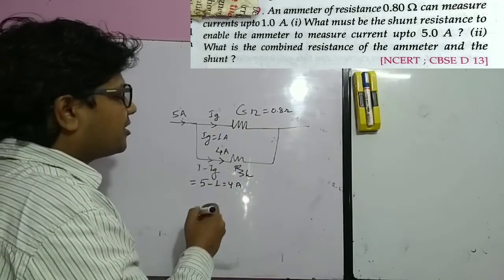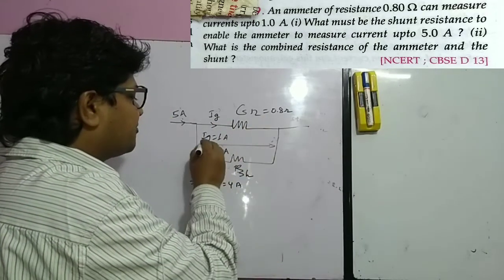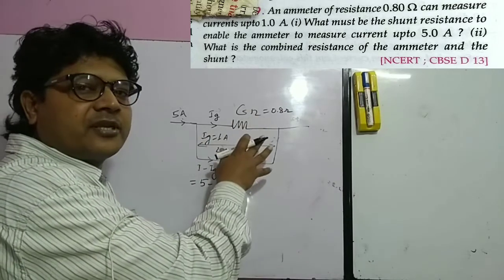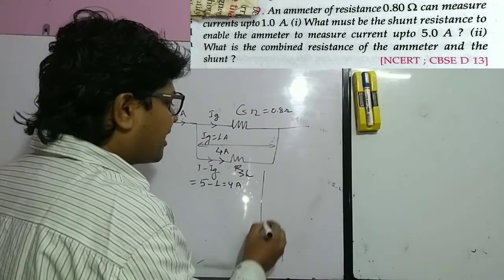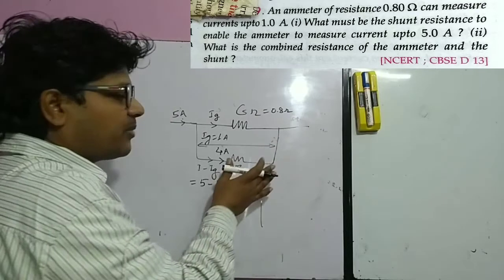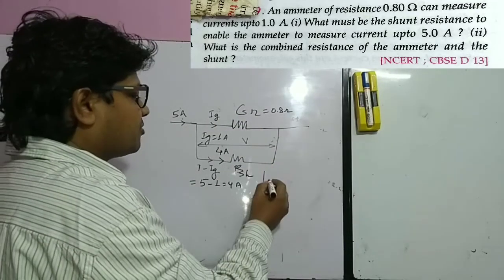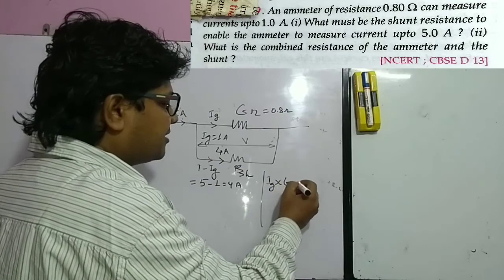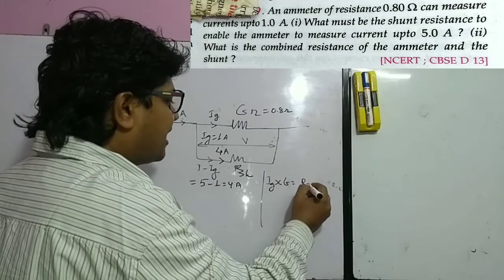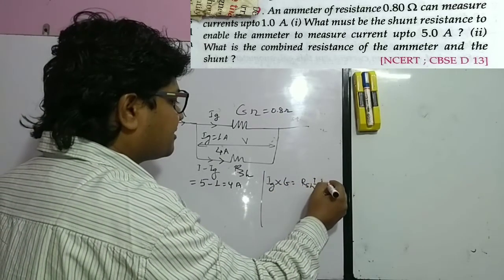Because they are connected in parallel, it's very obvious that the voltage across them will be the same. So using the same principle, in parallel connection voltage is the same, Ig into G will be equal to RSH into I minus Ig.